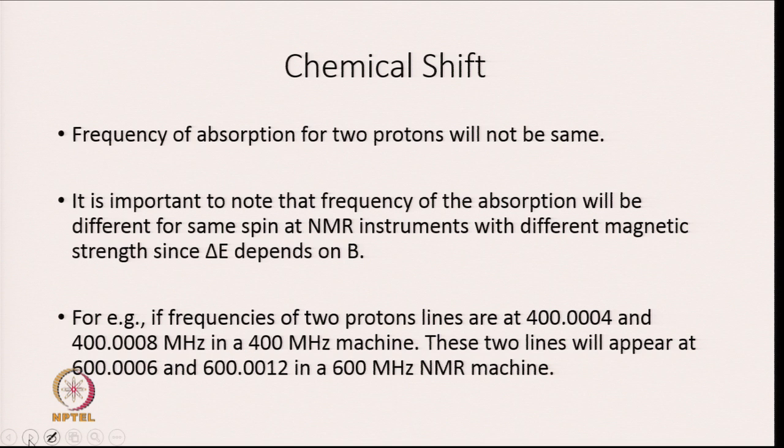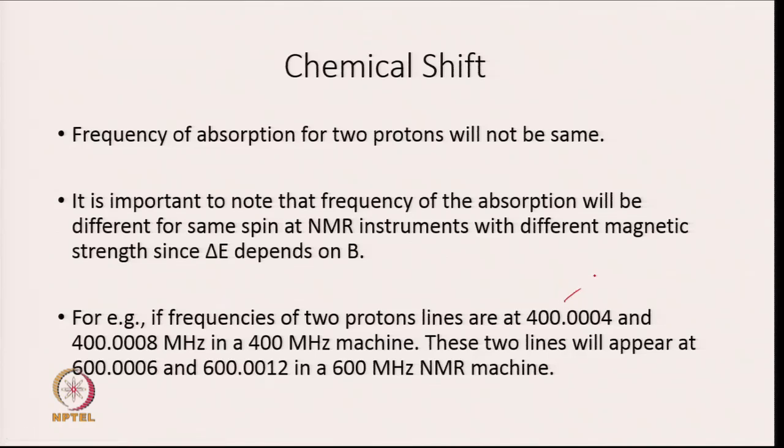For example, suppose 2 protons are there, one resonates at 400.0004 and another resonates at 400.0008 megahertz in a 400 megahertz NMR machine. Then these two lines will appear at 600.0006 megahertz and 600.0012 megahertz in a 600 megahertz NMR machine.